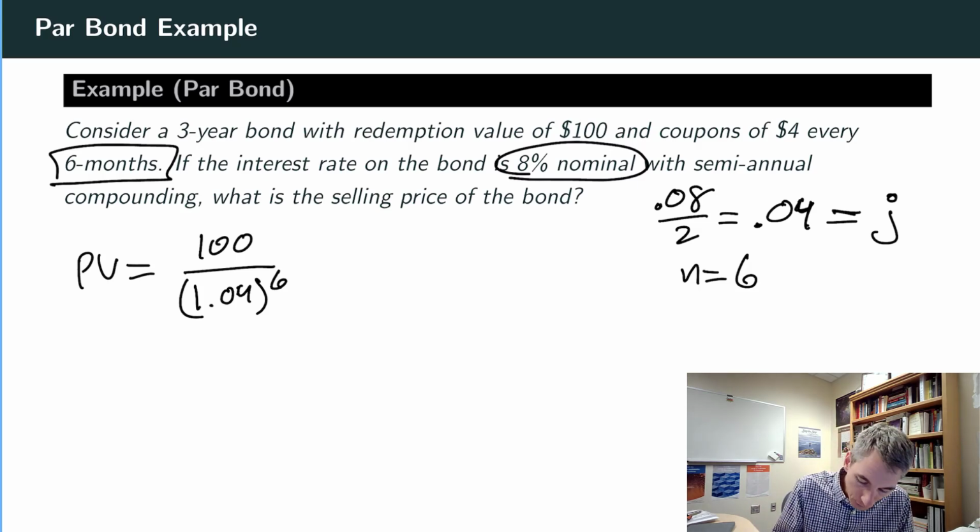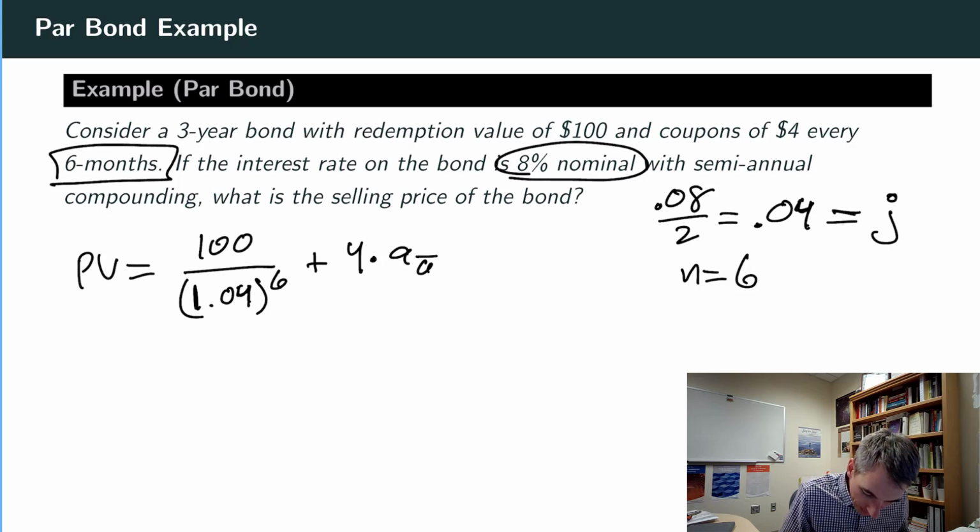Plus the coupons, which are $4, times that annuity formula, a angle 6, they usually call it. And so let's do 100 divided by 1.04 to the 6th power.